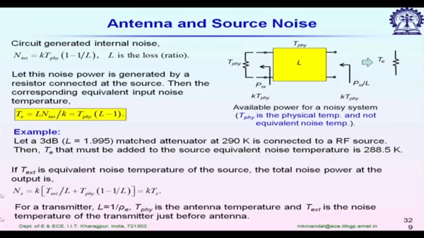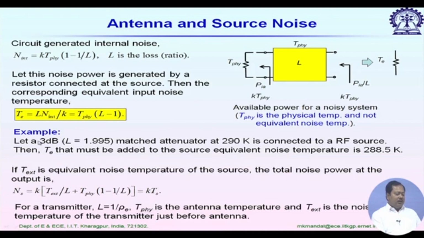Let us take one example. Let us say we have a 3 dB attenuator. It is a matched attenuator at 290 Kelvin, and it is connected to an RF source. Then the Te that must be added to the source equivalent noise temperature is 288.5. So how are we getting this? The 3 dB we are considering as power loss.